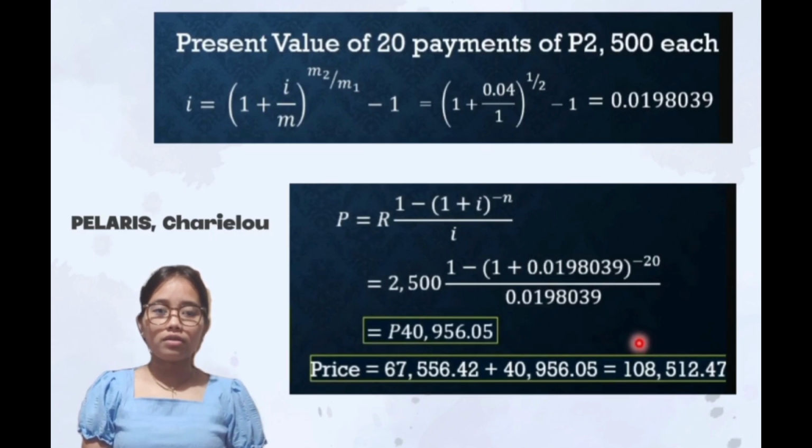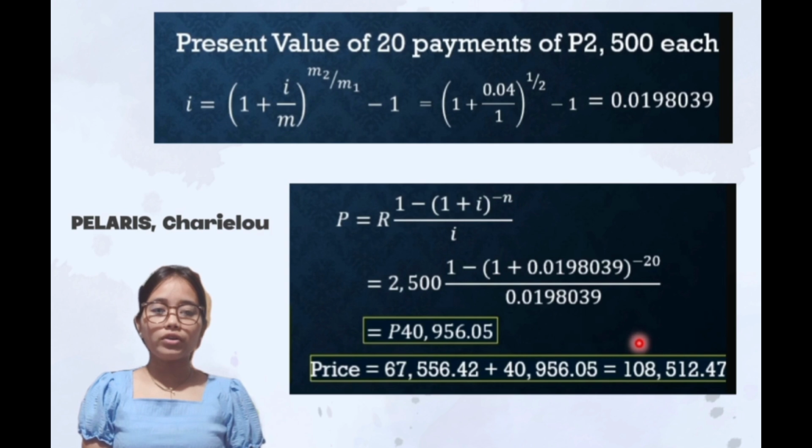So we have 2,500 times (1 minus (1 plus i) raised to the negative 20) divided by i. So we have 40,956.05.